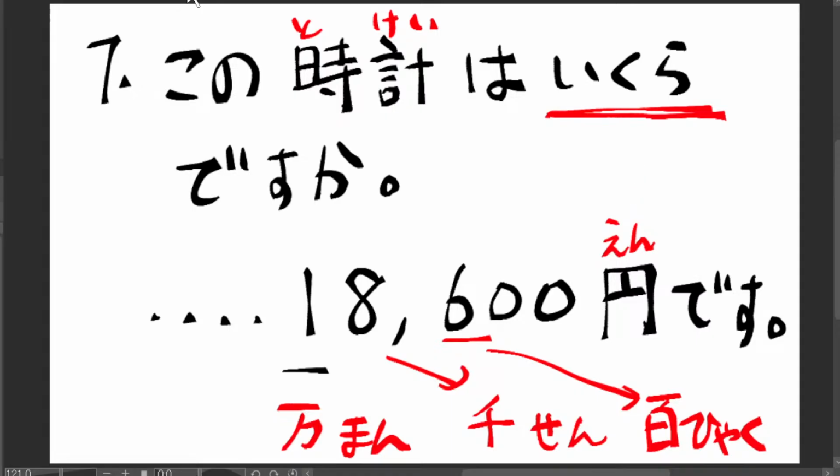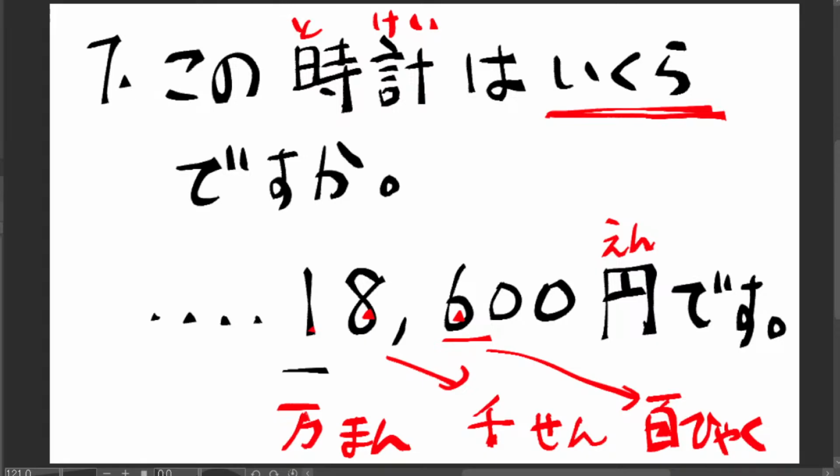So how much is the clock? It is 18,600 yen. And you read it in Japanese. Okay.